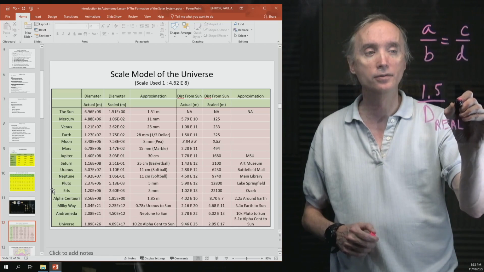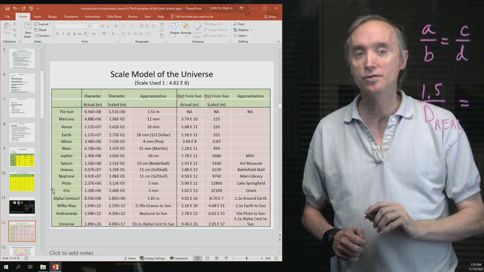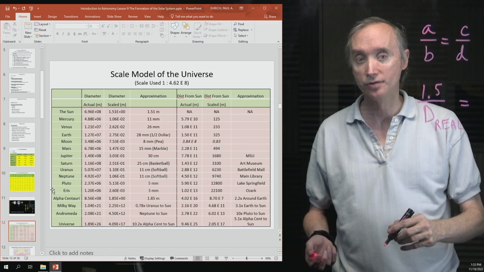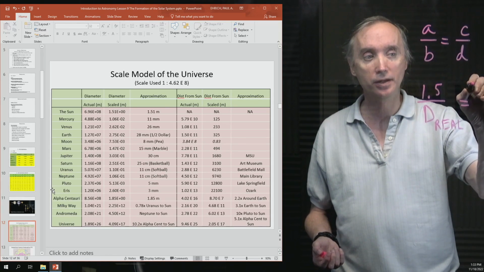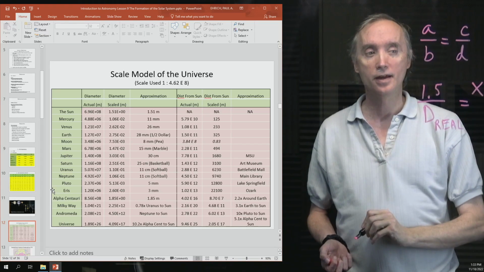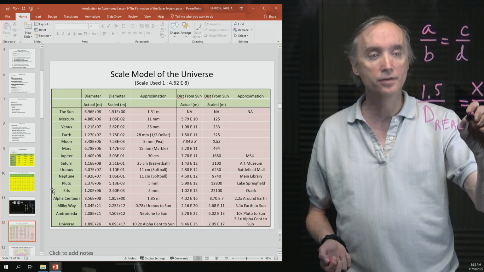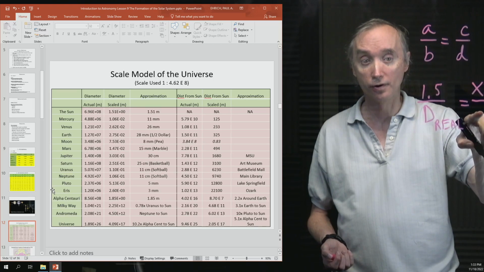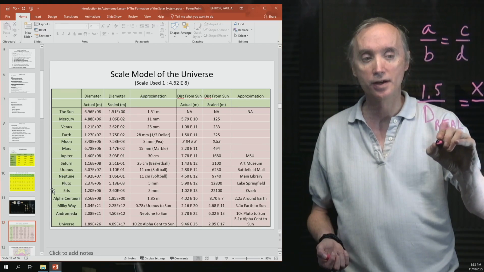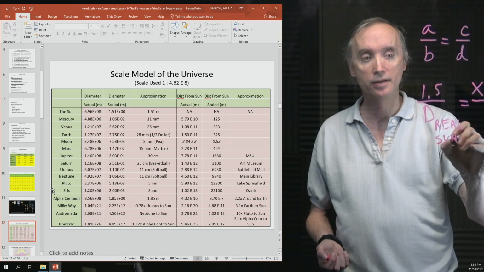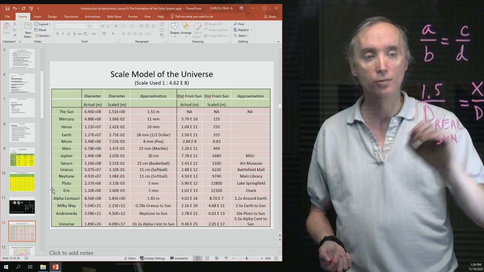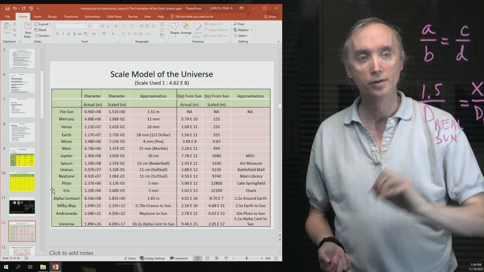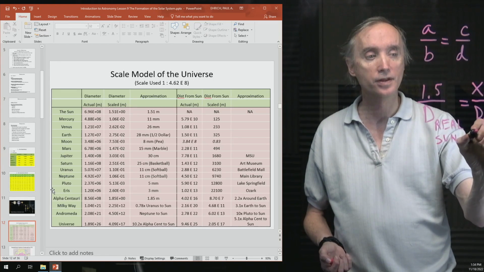Then over here, let's say that I'm interested in knowing how big the Earth would be if it was scaled down. So that's going to be, let's say, X. And then I looked up on the internet what the real diameter of the Earth was. So this was the real diameter of the sun, and this is the real diameter of the Earth.